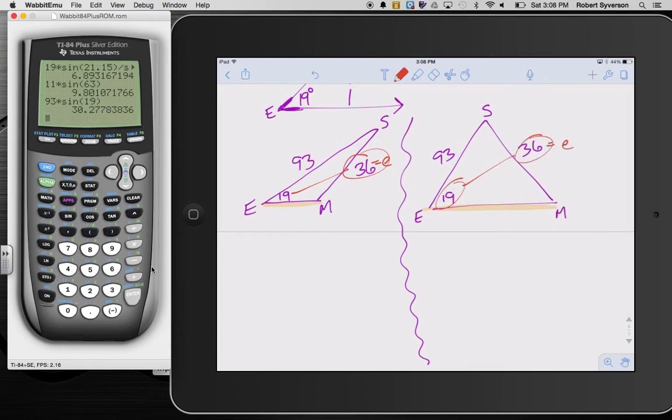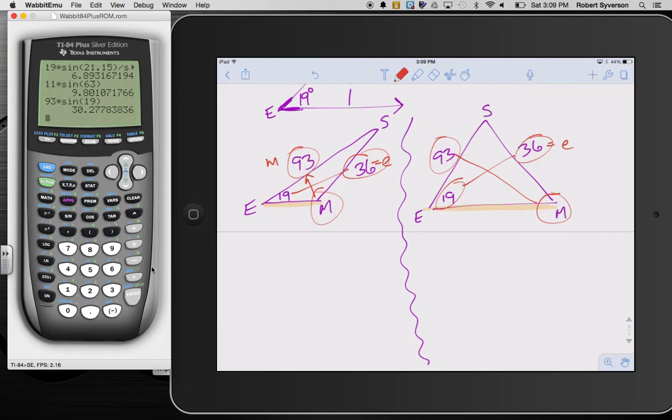All right, E. And then I'm going to find the next closest completed angle side pair, which is M. And that's this. So this is going to be side M. This is angle M. And then here, we'll have to wait a moment to be able to figure out what angle S is.